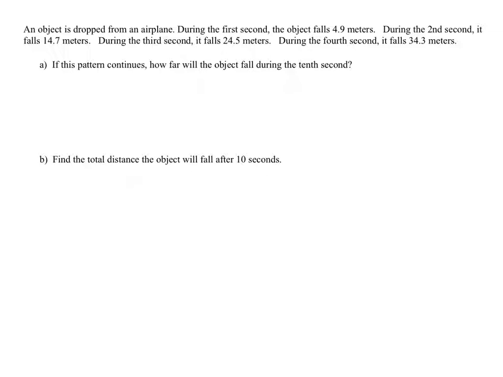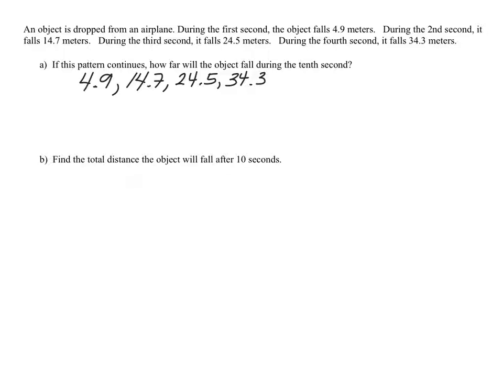So let's go ahead and write down the first couple of terms in this sequence to see if we can find the pattern. So the first second, it says it falls 4.9. The second second, 14.7. Then 24.5. And then 34.3.